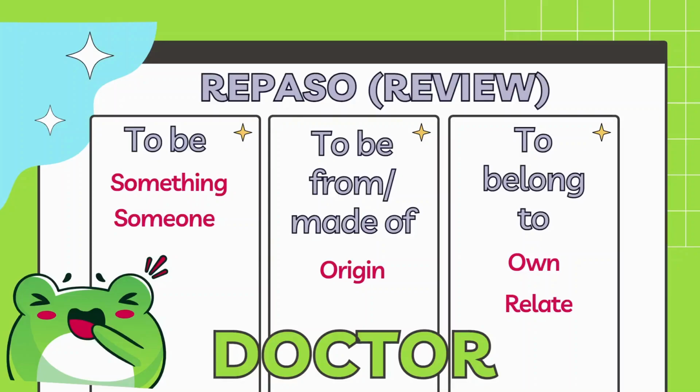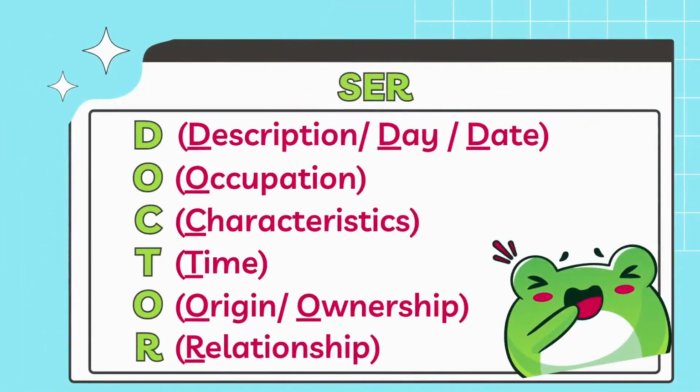And these uses can be remembered by the acronym doctor. What does it mean? The D in doctor can mean description, day or date. The O, occupation. C, characteristics. T, time. O, origin or ownership. And R, relationship.